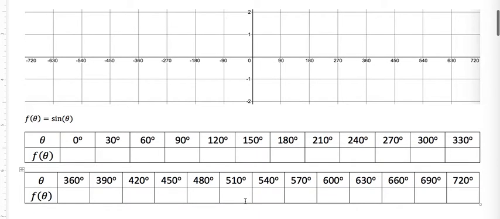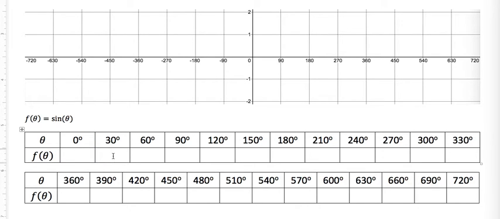Okay, next thing I want you to do is in this table, fill in the values for your y or your f of theta. So this is for the equation f of theta equals sine of theta. For example, what is sine of 0 degrees? Write that right here.